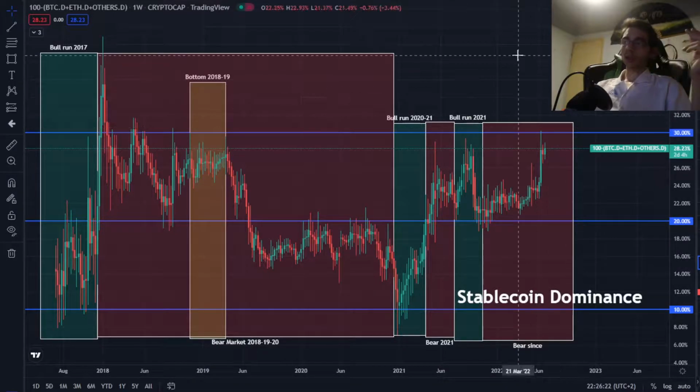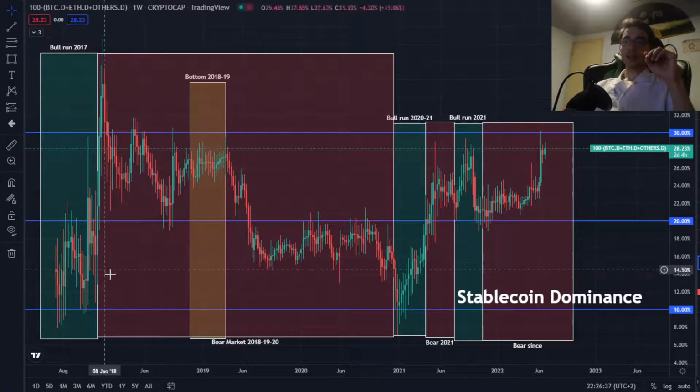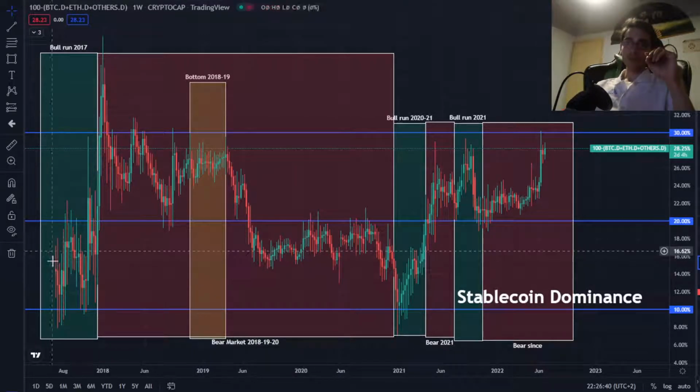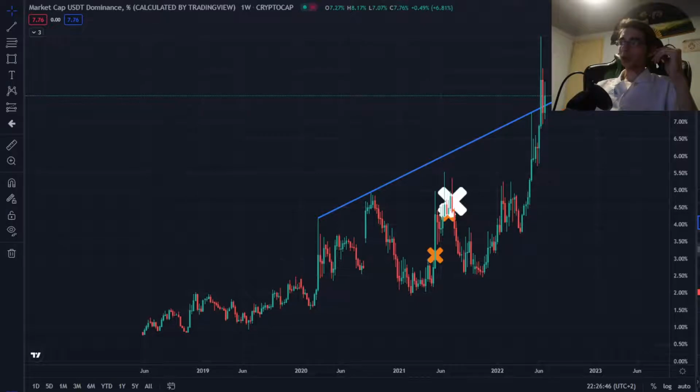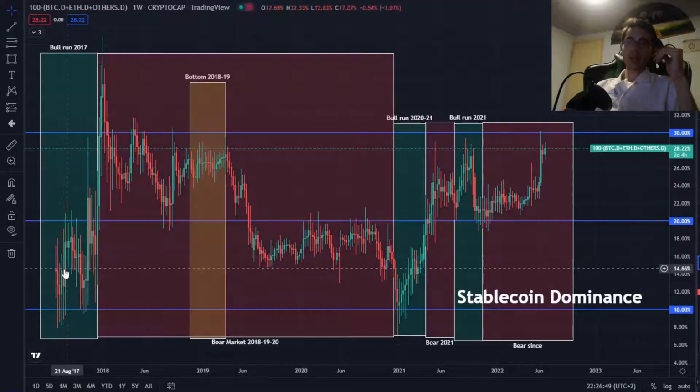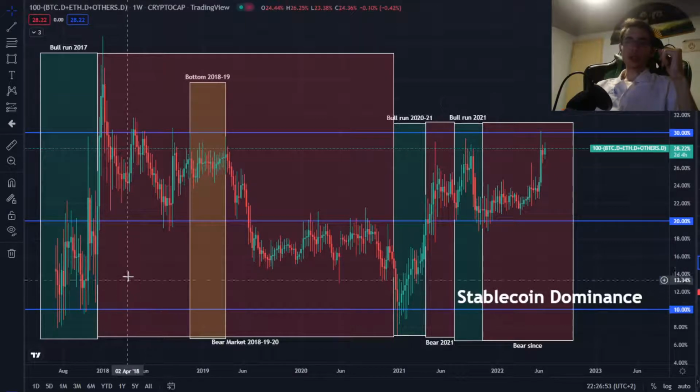We call it stablecoin dominance, even if in this case it is not 100% correct, because we don't have the exact value of the USD-denominated assets before 2018, so we don't have this dominance for 2017 on the stablecoin side.